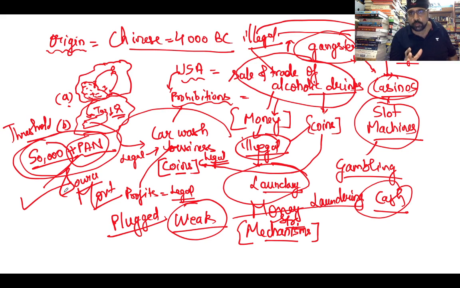So, therefore, friends, in this entire discussion that I have had with you, one thing should now become very clear: when it comes to money laundering, the objective is always to change the color of the money. The objective is always to make sure that illegally generated wealth from any source is changed and given the appearance of a legal source.